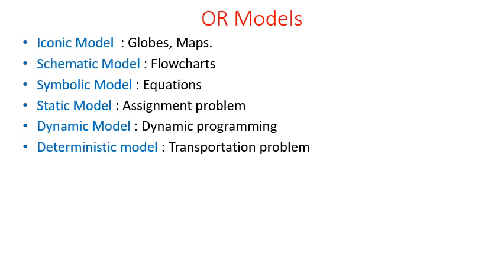Deterministic model. A transportation problem, where the variables are completely defined and outcomes are certain. You are very sure of the outcome for a particular alternative, which is well defined. If I take this course of action, I will get this payoff. If I take this particular alternative, this is the outcome that I am going to get. A deterministic model.